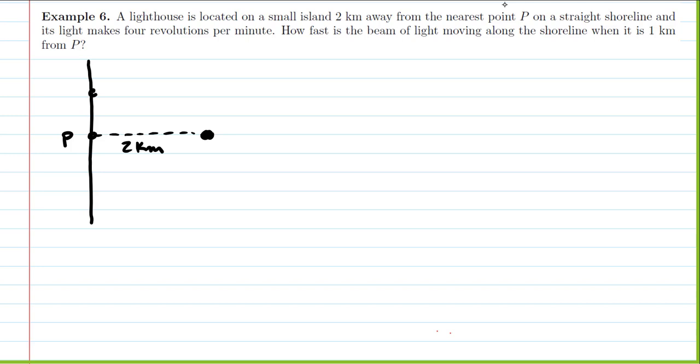So I'm going to choose to put it up here. If you do it down here below, you're going to get the same answer. You're going to draw the same triangle just with a different orientation. So we have our light beam coming from our lighthouse, and it's on the shore here. As it spins around, that beam of light hits the shore and moves along this straight line segment.